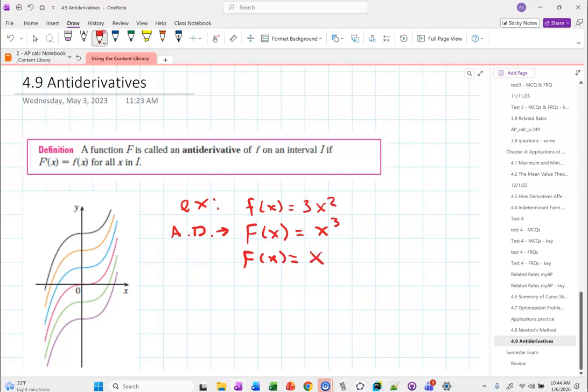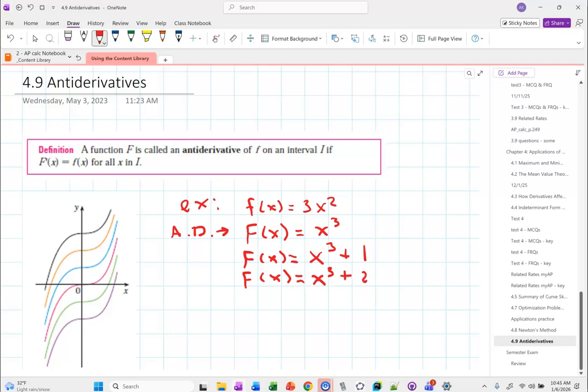How about x cubed plus 1? What's the derivative of x cubed plus 1? Still 3x squared, because what's the derivative of 1? 0, right? So who can give me another antiderivative? x cubed plus 2.